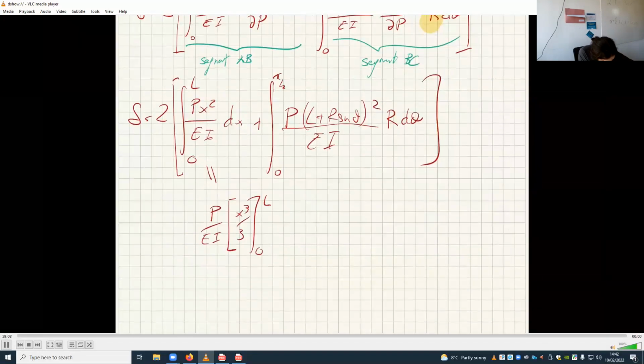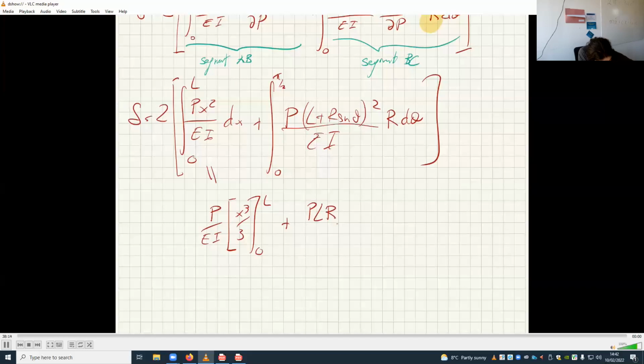And then you get PL plus PL R over EI times pi divided by 2, plus R squared over EI times the integral of sine squared. No, that's not true, because this is squared. So this is L squared.